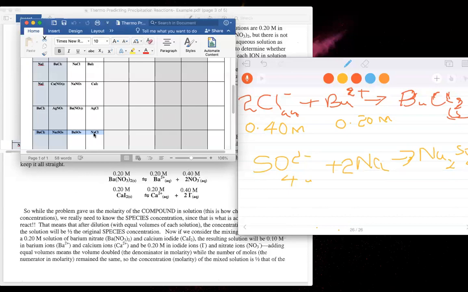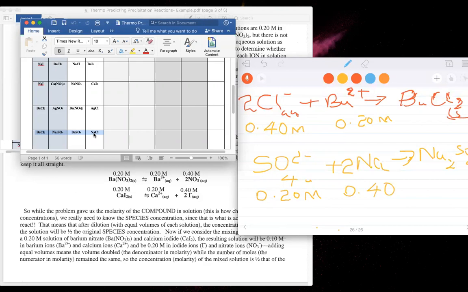Initially, this was 1:1, so the concentration of sulfate is 0.2, and the concentration for sodium, you multiply by 2. So this is 0.40.